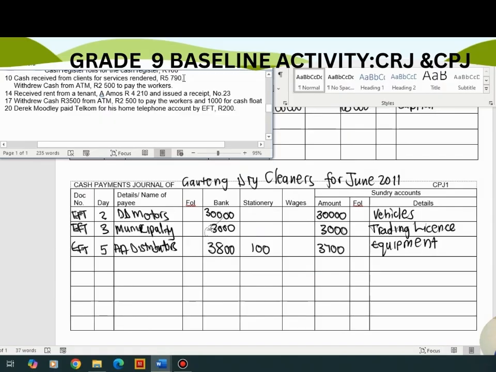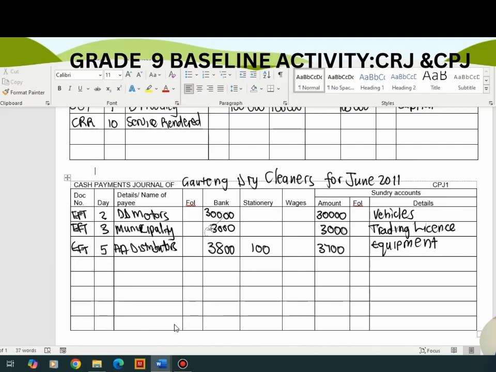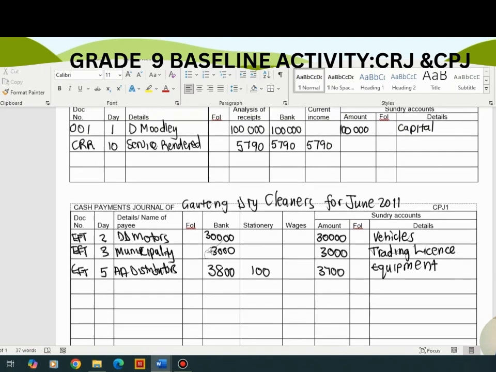How much? 5,790. That goes to the analysis of receipts, which is 5,790. Then at the end of the day, the only amount you have received, you take the money to the bank. The specific account that is affected is current income. So we record under current income.